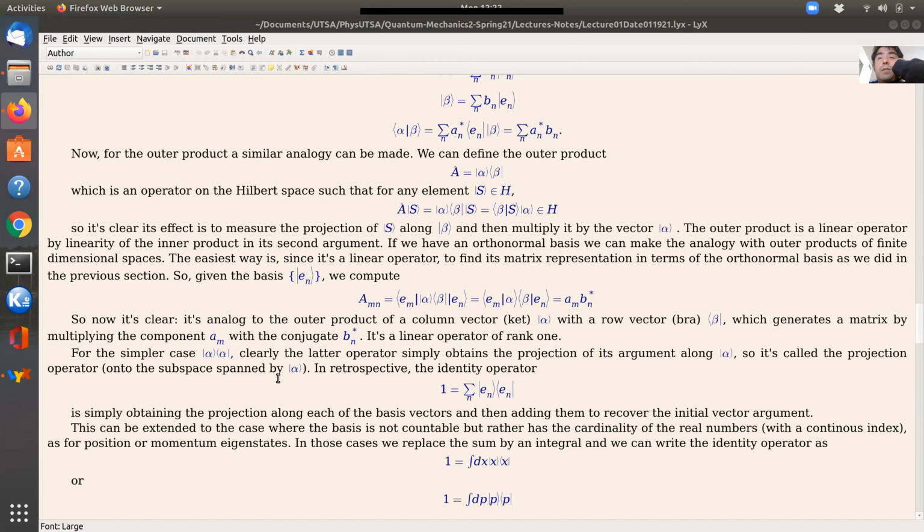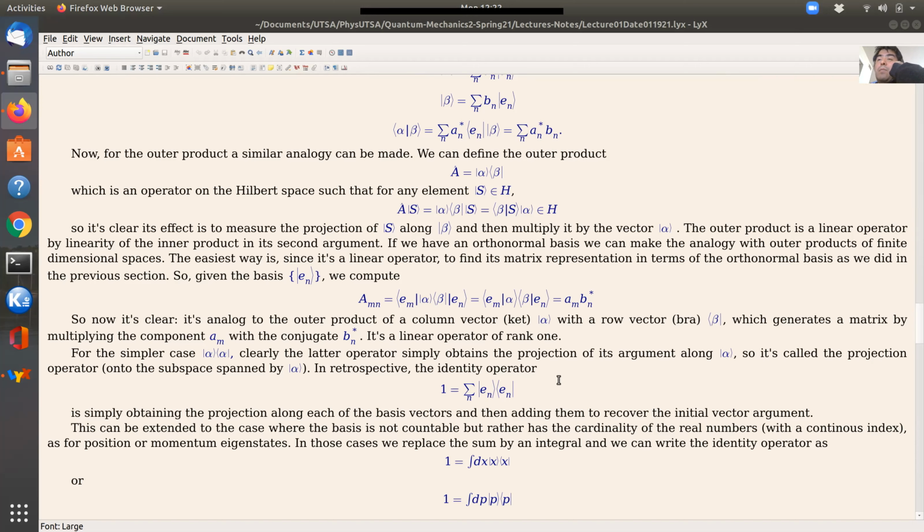Okay, so we can actually go back to one of the points that we mentioned before, that the identity operator is basically doing this, but for each one of the directions or the components in the orthonormal eigenbasis.